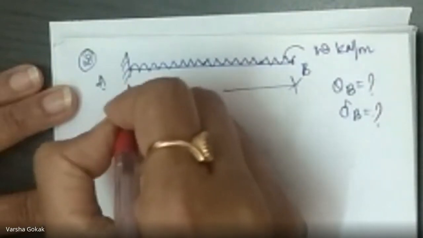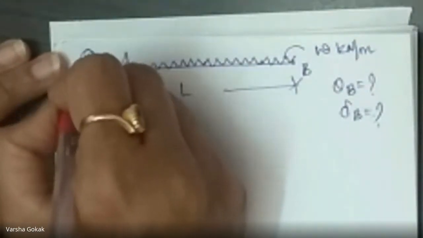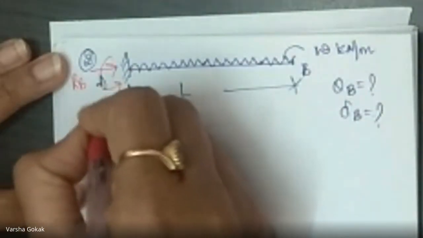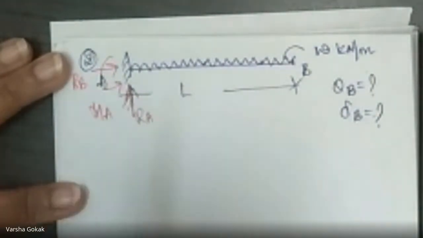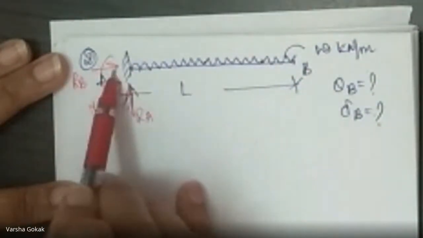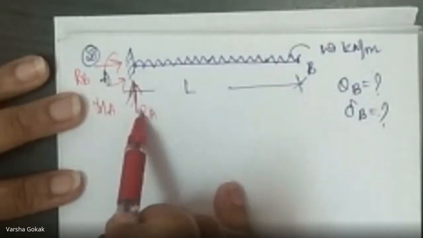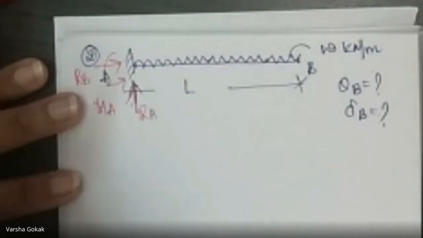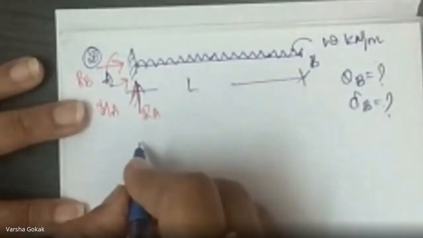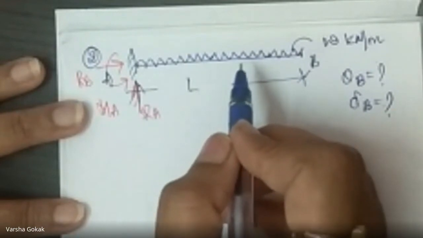There is going to be a vertical reaction RA here, and a horizontal reaction HA here, and then there is going to be a moment called MA, correct? For a fixed support, we have three reactions: horizontal, vertical, and a reaction moment. So these three are the reactions at the fixed support. We'll show the reactions first, and then we get a positive or a negative bending moment in the case of a cantilever beam.